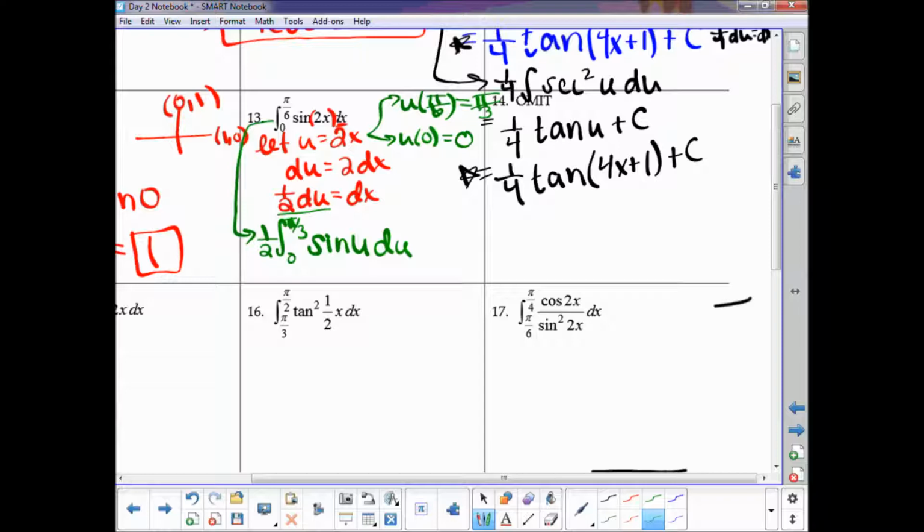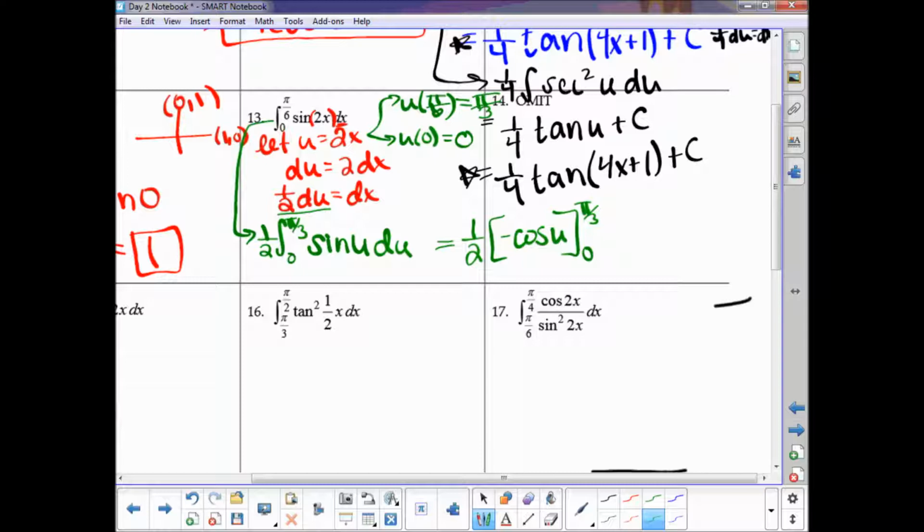Okay. So my antiderivative of sine u would be what? Antiderivative of sine. Negative cosine, right? So I still got 1/2. My antiderivative of sine is negative cosine, evaluated from pi over 3 to 0. Are we good so far? I want to make sure we don't lose anyone along the way.